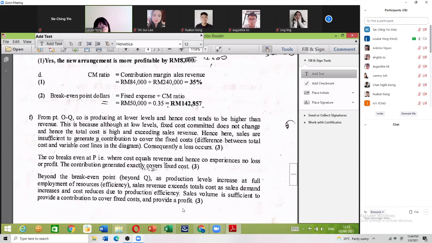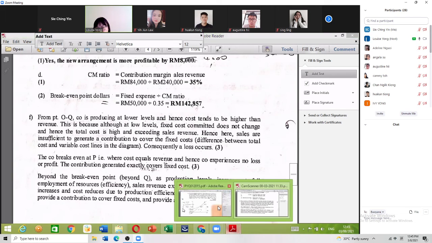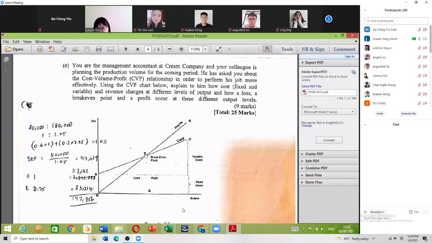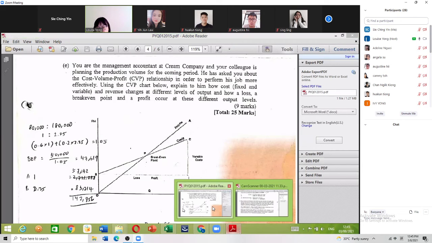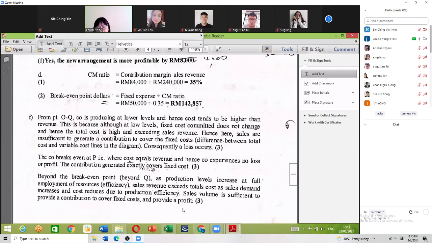So in this particular area, losses occur. So 3 marks, right? At your P point, at this output level, the cost equals your revenue. The company experiences no losses or profit, meaning the contribution here is enough to cover your fixed costs.